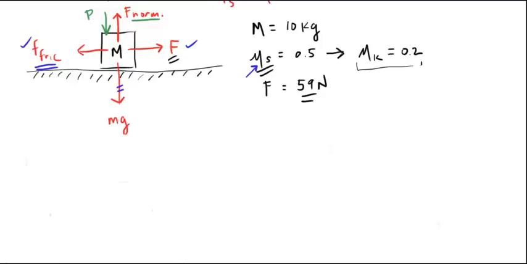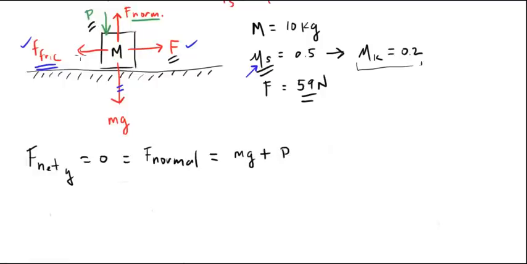So in other words, I'll express it this way, F net y equals 0, which means now that the normal force is going to equal mg plus P, where P is my pushing force here.